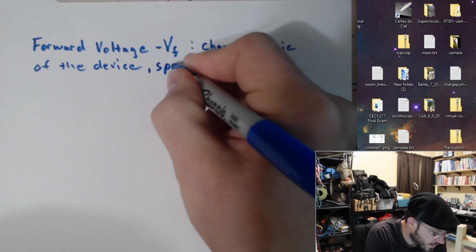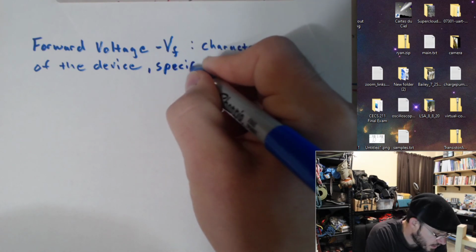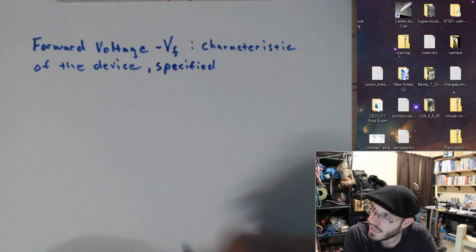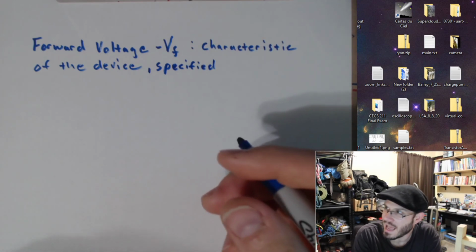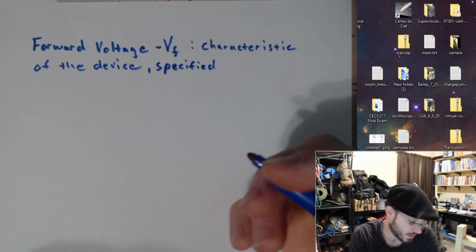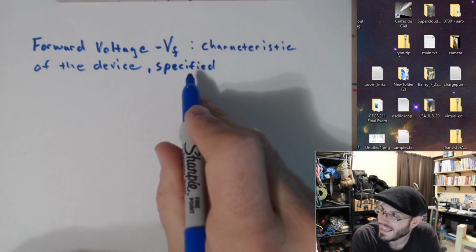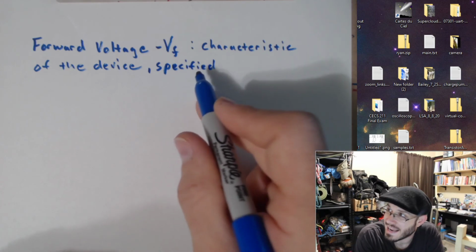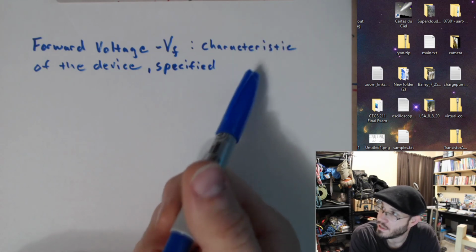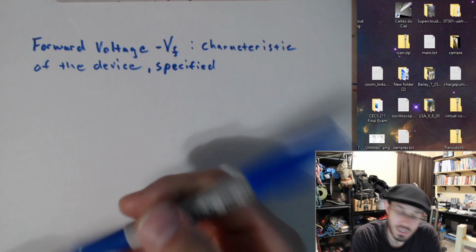This is specified in the manufacturer's data sheet. Every type of diode is going to have a slightly different forward voltage. The only way you're going to find that value is either by testing the device or by looking in the manufacturer's supplied data sheet.